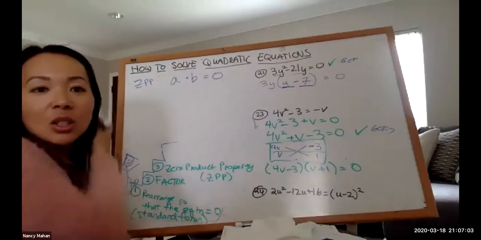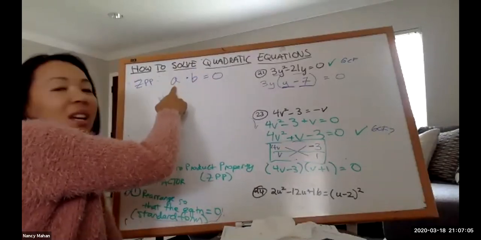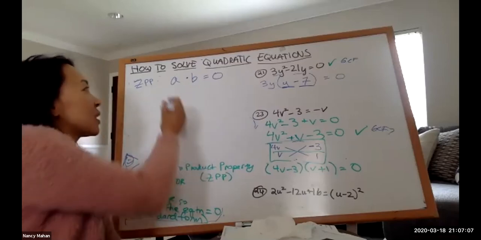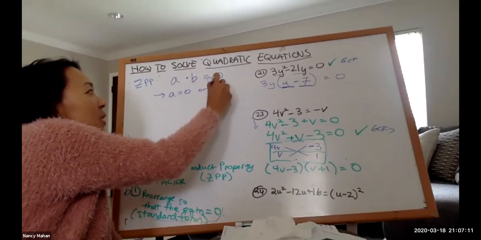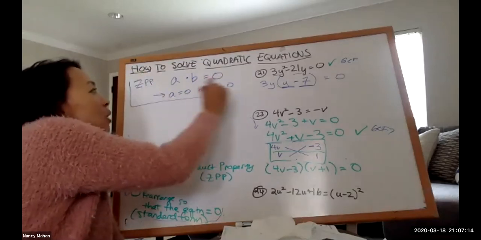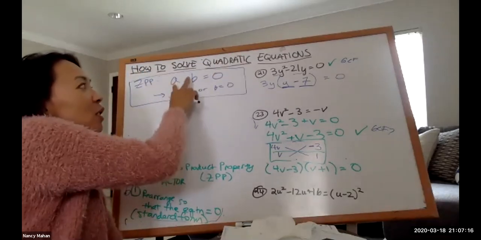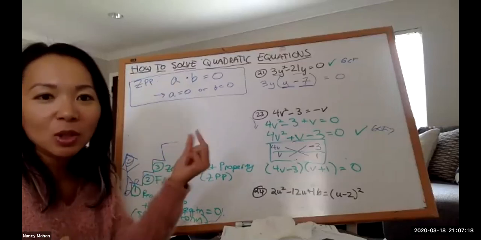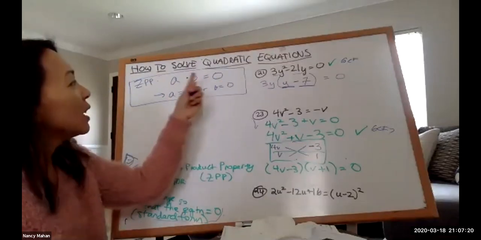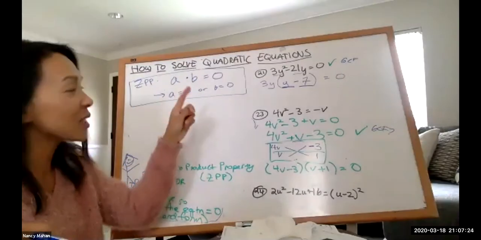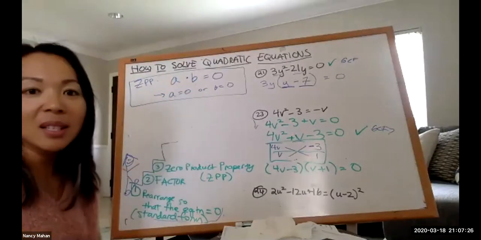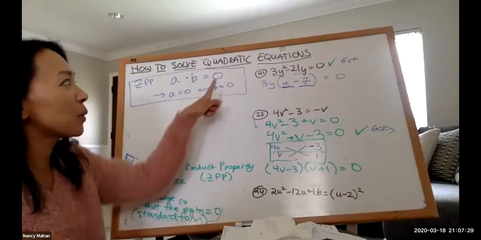What you can conclude is that either A must equal 0 or B must equal 0, right? So the zero product property says if you have a product of 2 or more things and it equals 0, that means that one of the factors, ding, ding, ding, the word factors, one of the factors must equal 0 in order for this to be true.